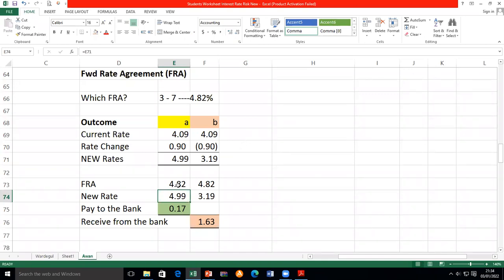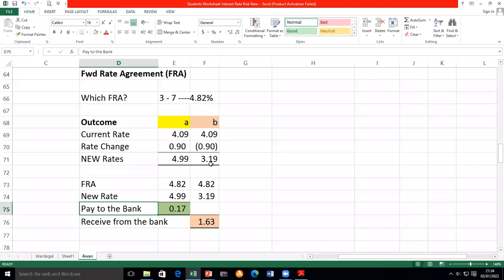The interest rates have gone up to 4.99, so unfortunately you have to pay the bank. You have lost out. A favorable movement has taken place in interest rates, but because you are fixed at 4.82, you need to pay the bank.